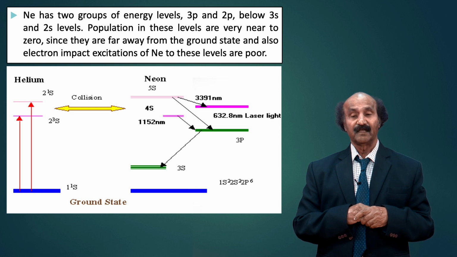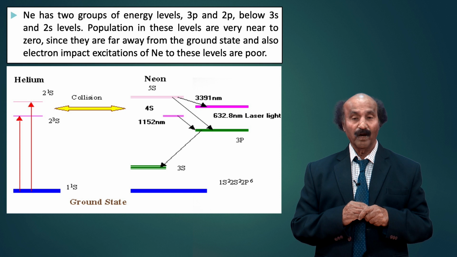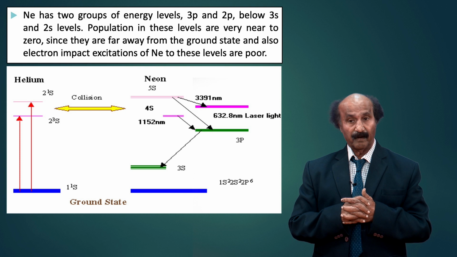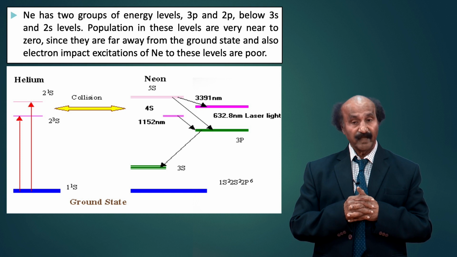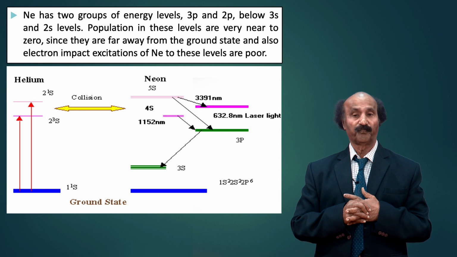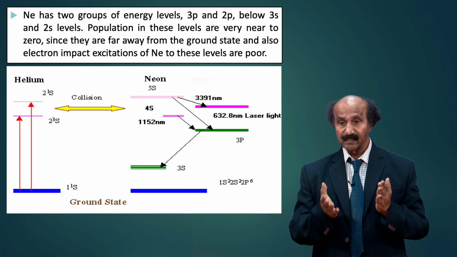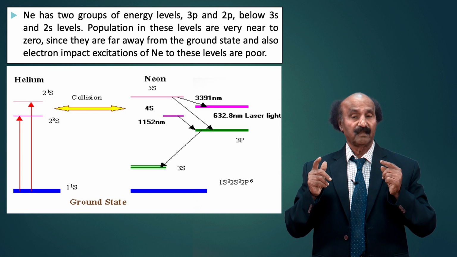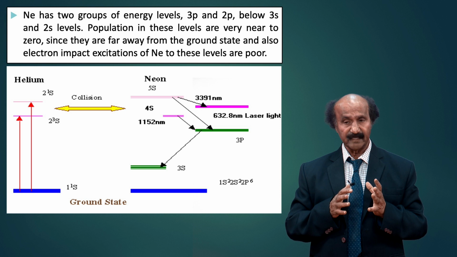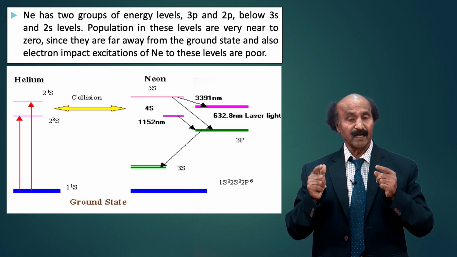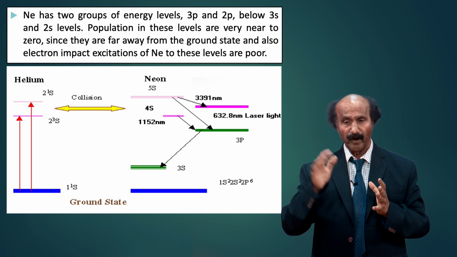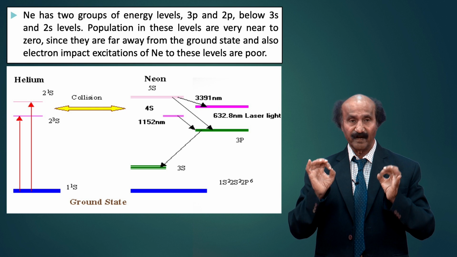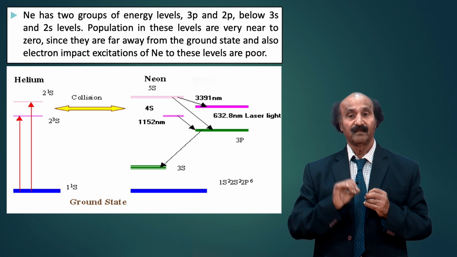Out of these, 3391 and 1152 nanometer are infrared. They can produce laser at these wavelengths also. They can produce another laser at 632.8 nanometer also. This 633 nanometer is a very beautiful red light. This is what you see. This is what we want.